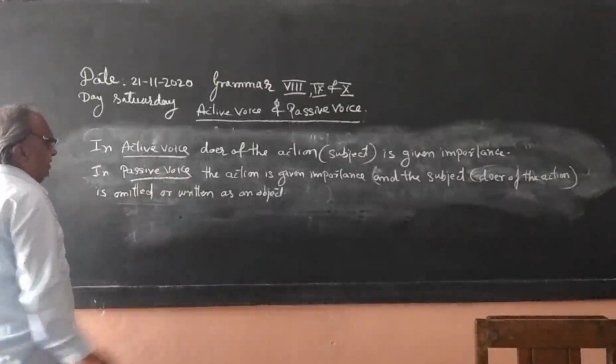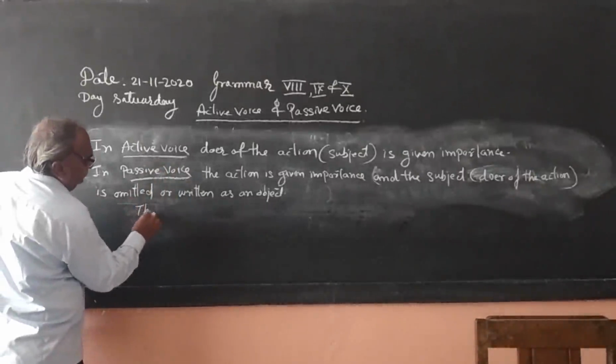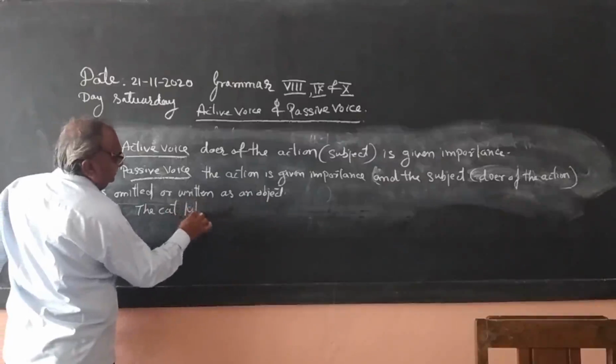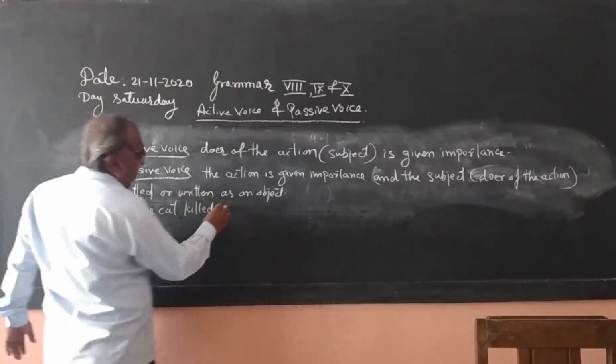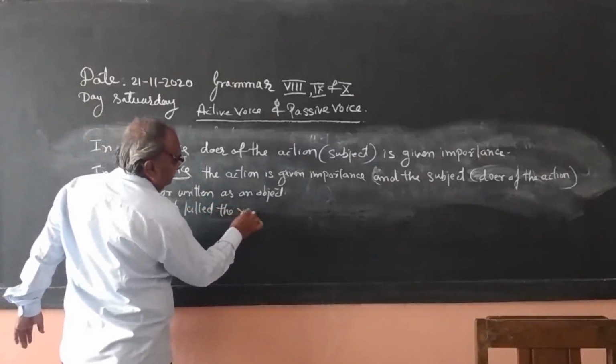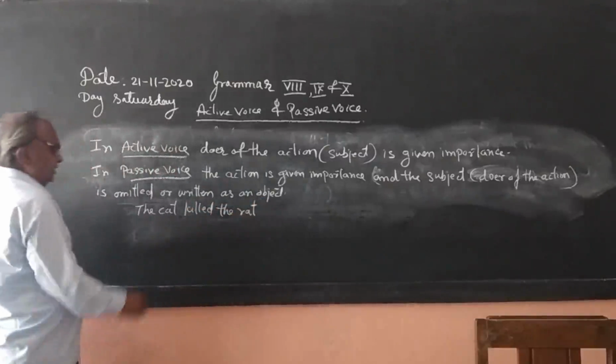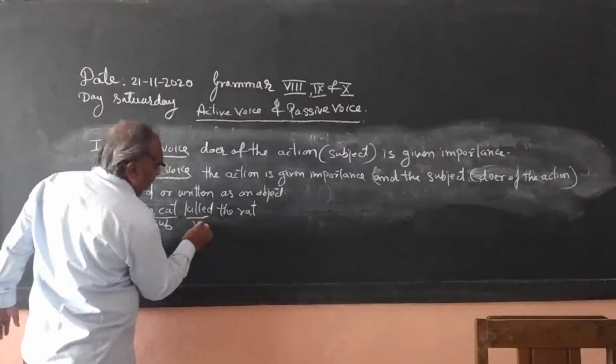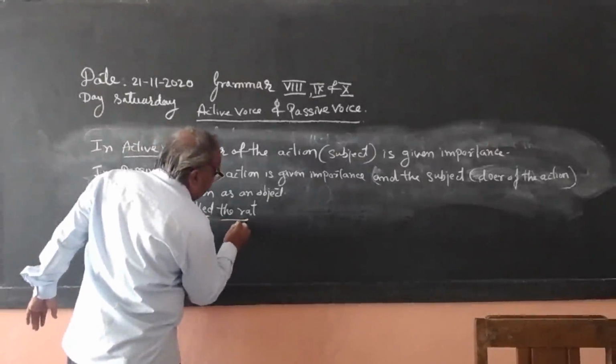I'll give an example here. The cat killed the rat. Here the cat is subject, killed is verb, the rat is object.